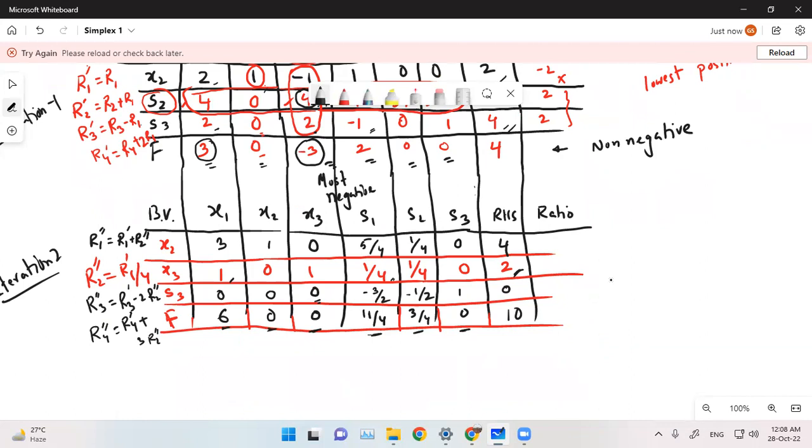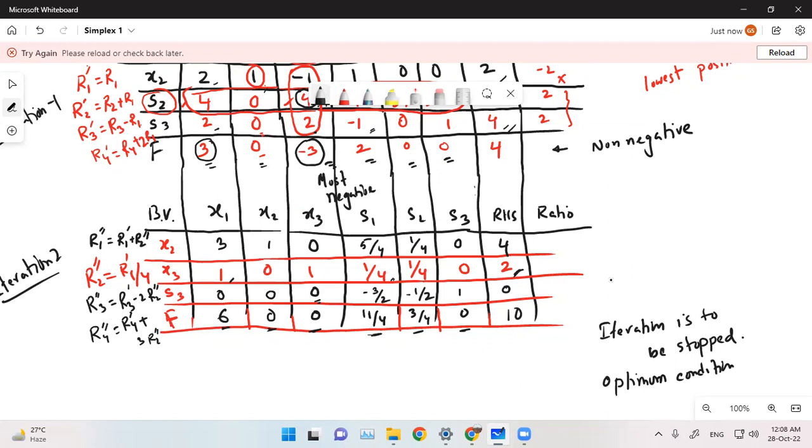Okay. So since the condition has arrived, our iteration is done. So iteration is to be stopped, as the optimum condition has arrived.